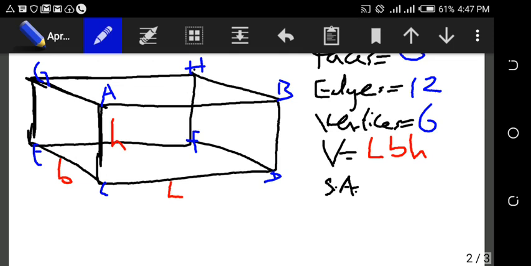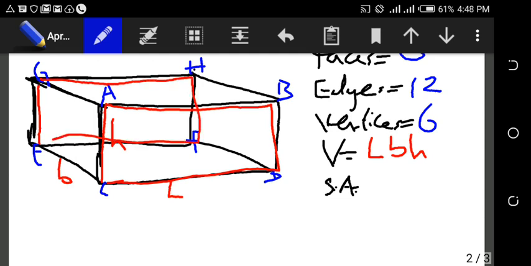Now there are 3 distinct faces that we have on this cuboid. The first one is this face, and this face, you have it here at the front and then at the back somewhere here. That's the first distinct face that we have.